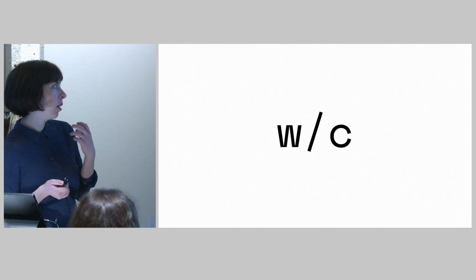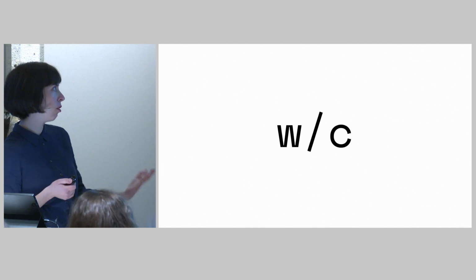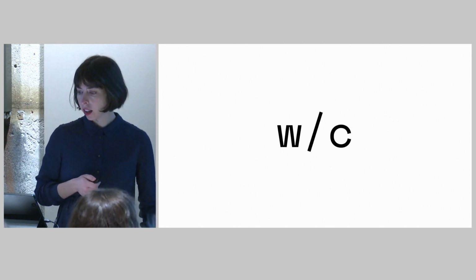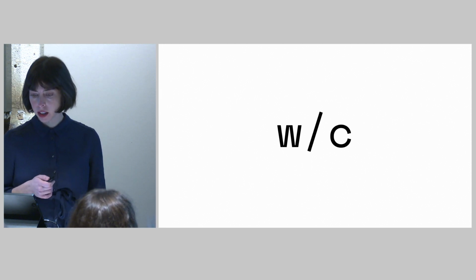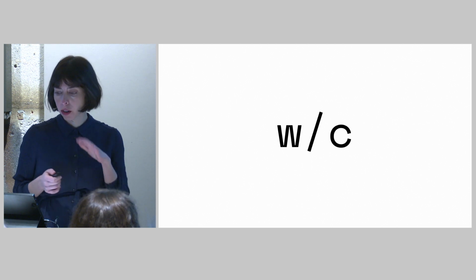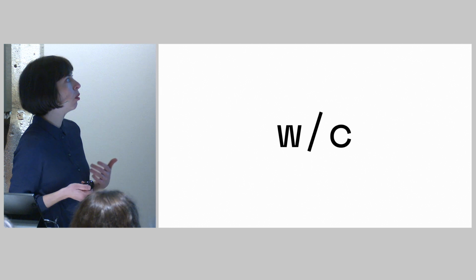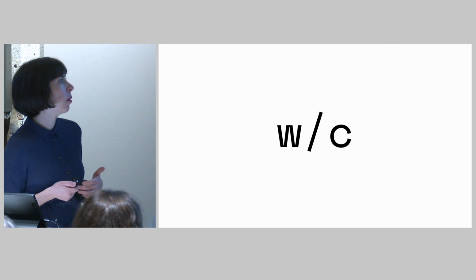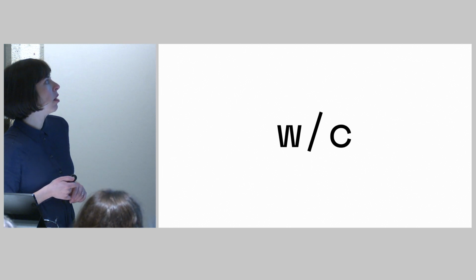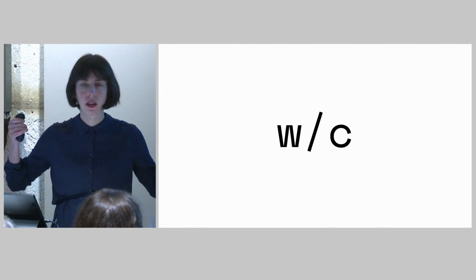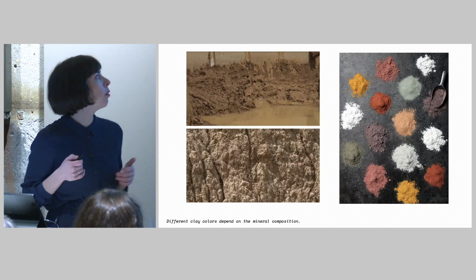And the water-cement ratio applies also in here. So water-clay makes a big difference. You want to have enough clay to bind everything together, but you don't want too much of it, because then it becomes a little bit more unstable, and you have a lot of problems with volumetric stability, for example.